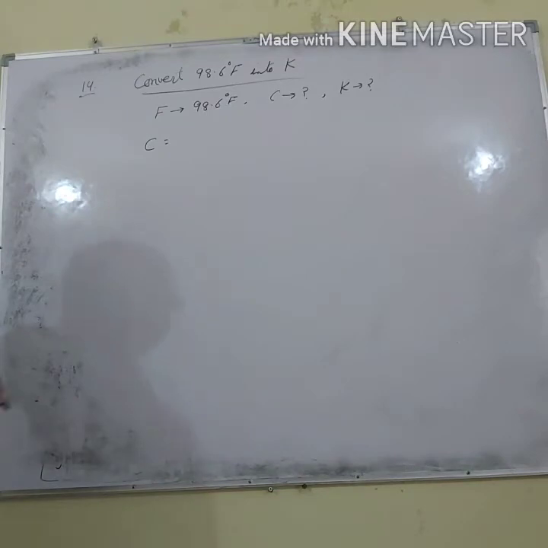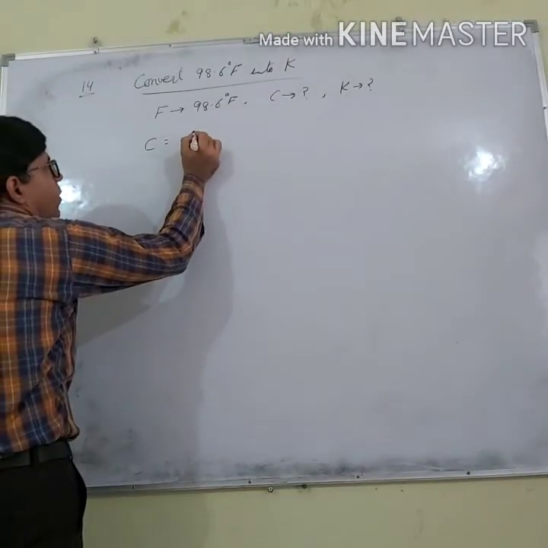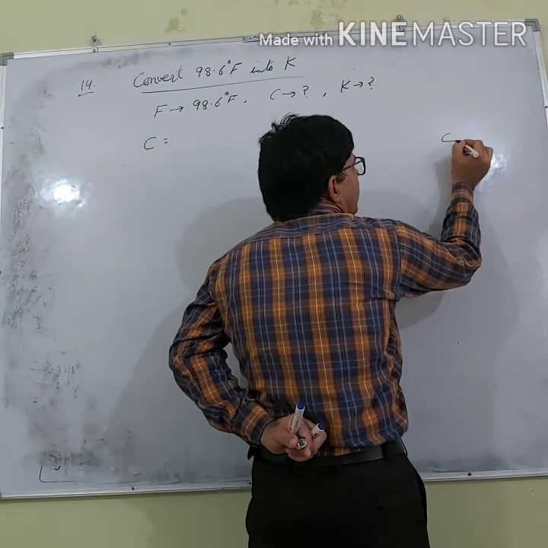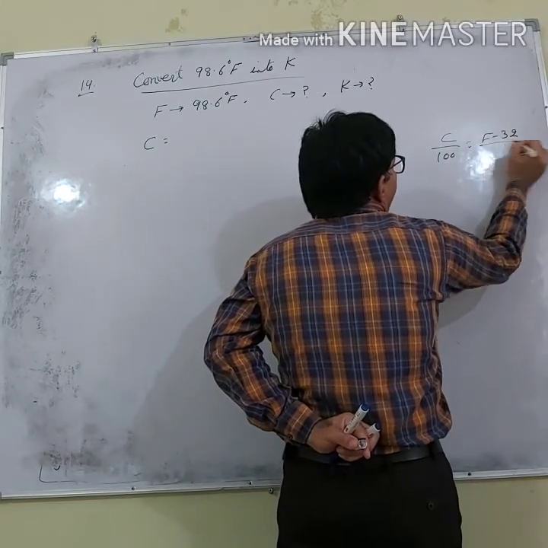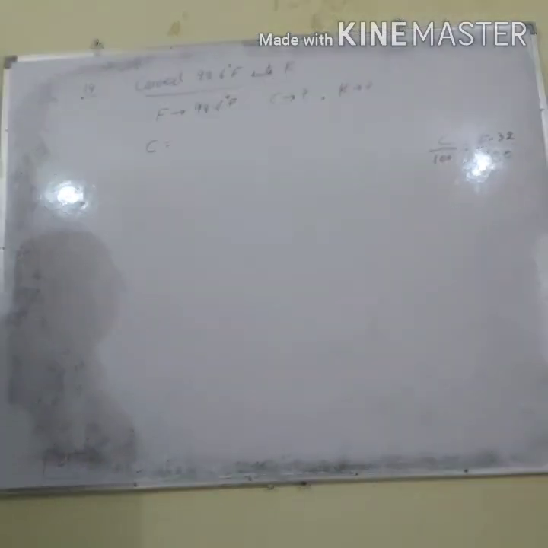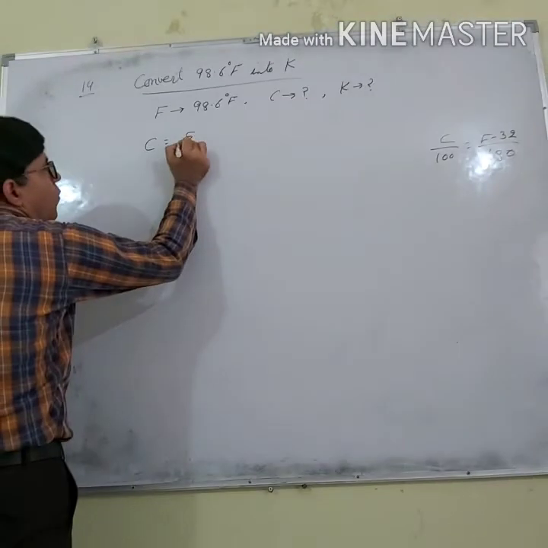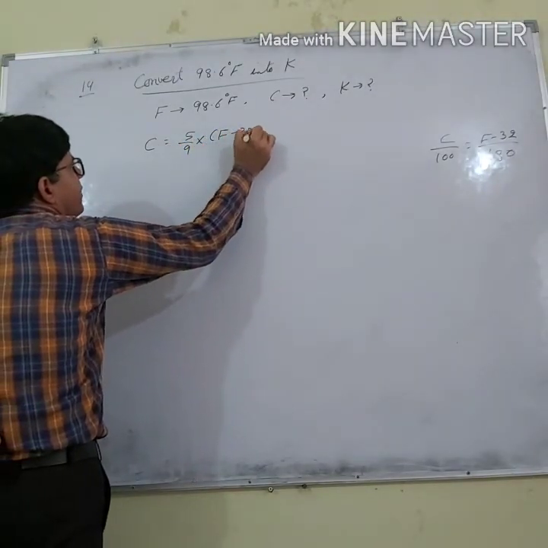Yes. How can you remember? I told you this. The formula of conversion is C equals 5 by 9 multiplied by F minus 32.